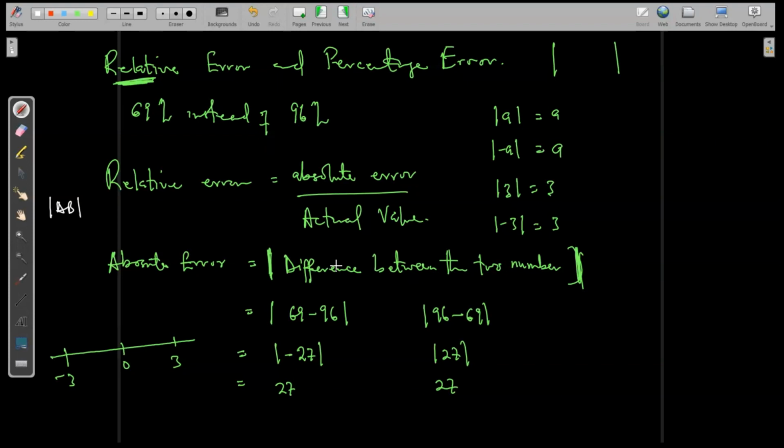All right. So determining the relative error, it is simply the absolute error over the actual value, as I said.